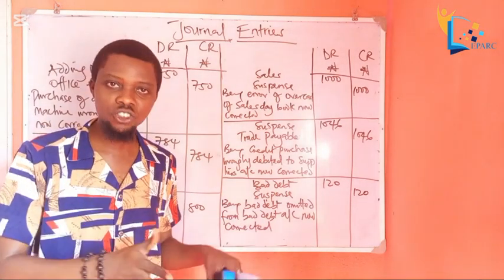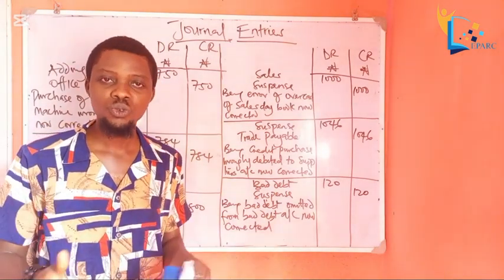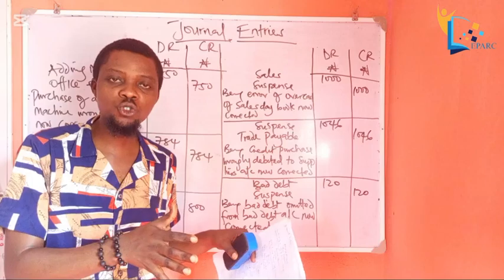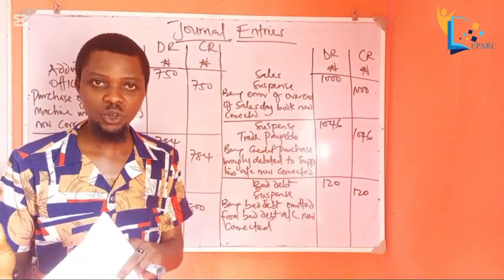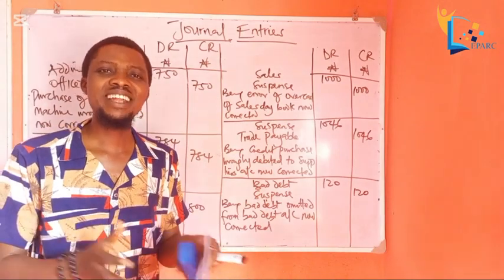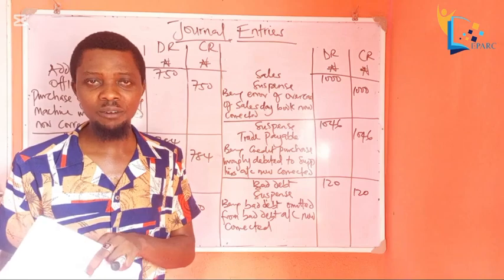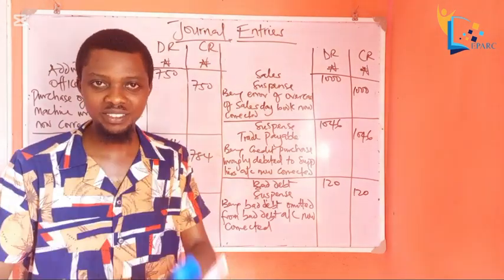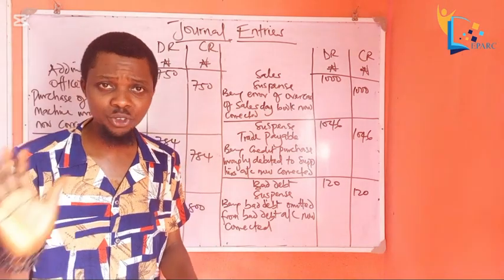Now, after correction, the next thing to do is to move those corrections into what we call the journal. Then from the journal, you extract the suspense account. I don't know if you're following.